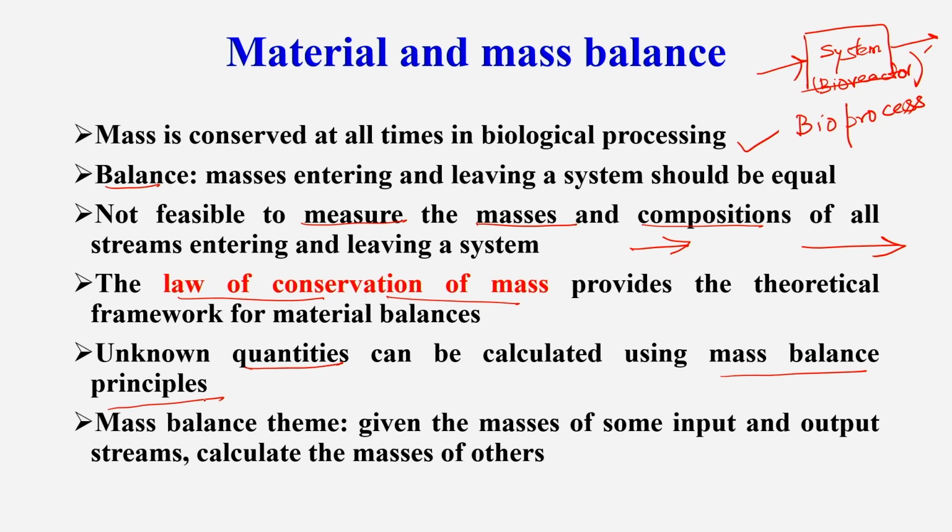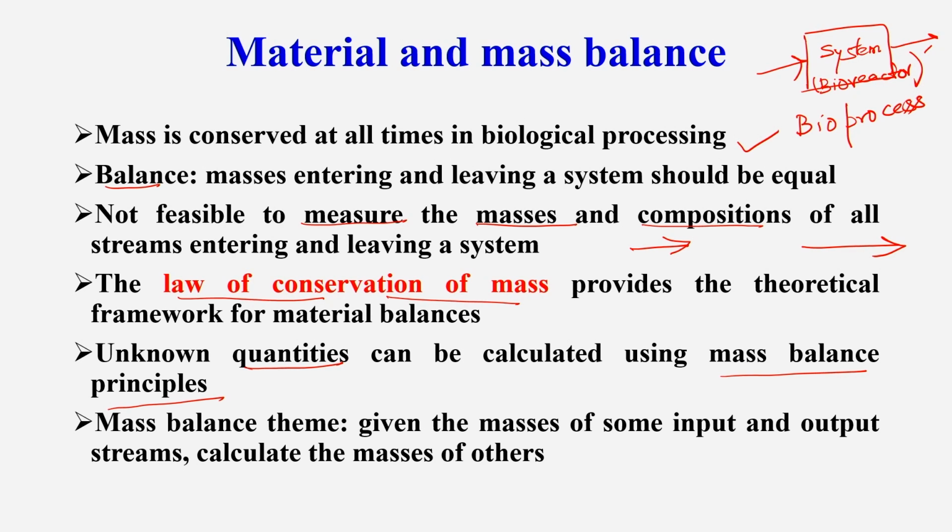So, for example, in a typical bioprocess we are going to add the substrate, and if it is aerobic we are going to supply the air. Now, in the flue gas or in the off gas there will be carbon dioxide and other gases, and in addition to the main product or metabolite there may be formation of other byproducts. Typically it is not possible to have sensors to detect and quantify all the inlet and outlet streams.